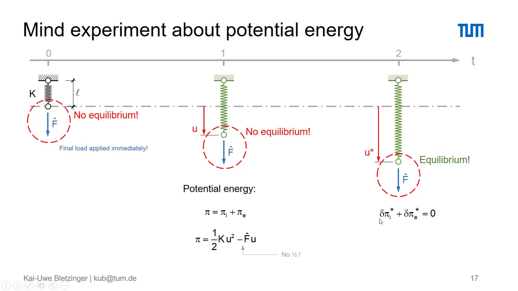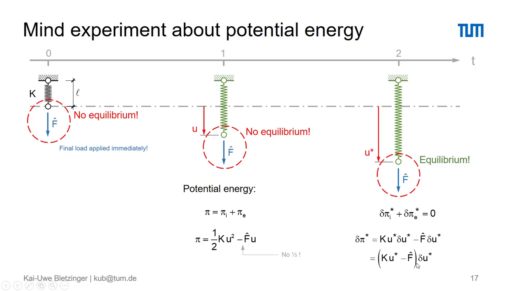In the equilibrium state, looking at the variation from the energy theorem, we know the sum must be 0, and we can determine the variation of the energy from the chain rule, applying the first derivative for this expression in U and post multiplying that by delta U star. And we can rewrite it here as delta U star appears twice.